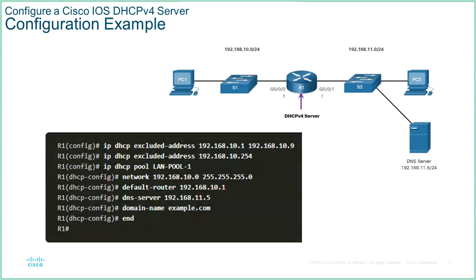We then create LAN pool 1, and we tell it that the network is the 192.168.10 network with a /24 mask. The default router, so this is the IP address on the router's interface for that network, 10.1. We tell it where the DNS server is, which is over on the 11.5 network.